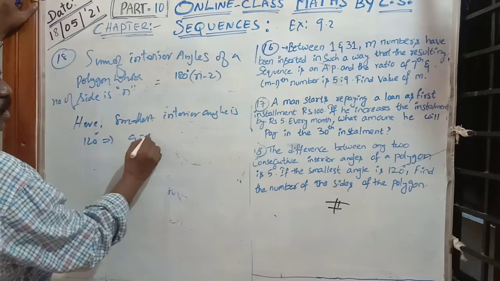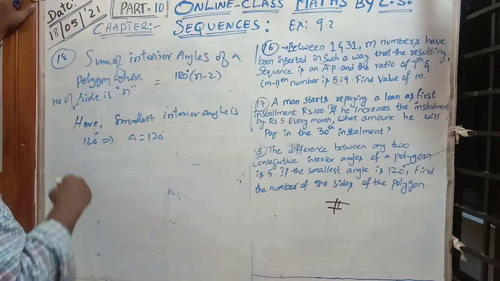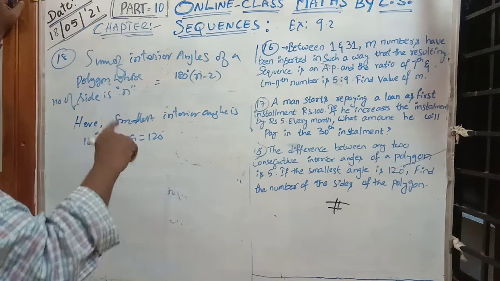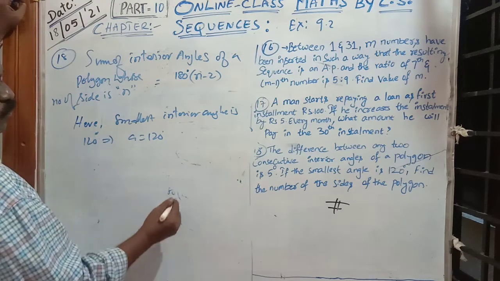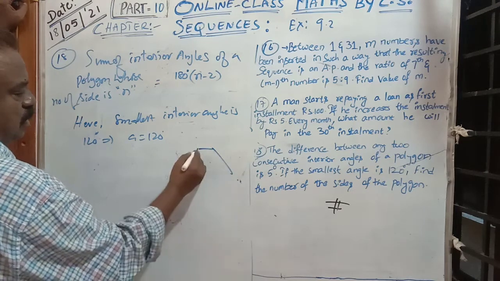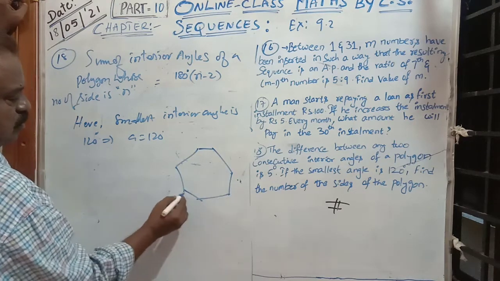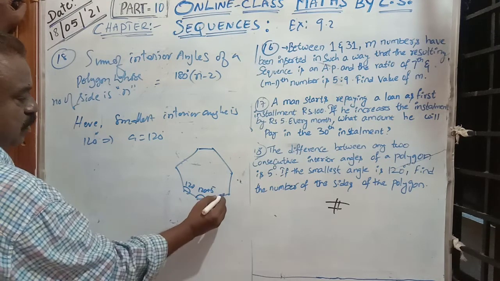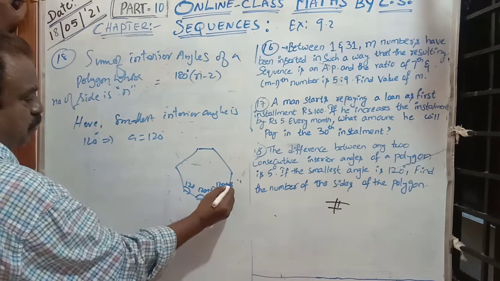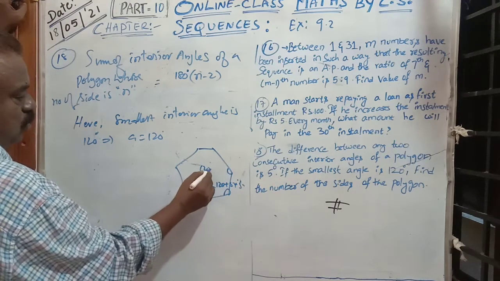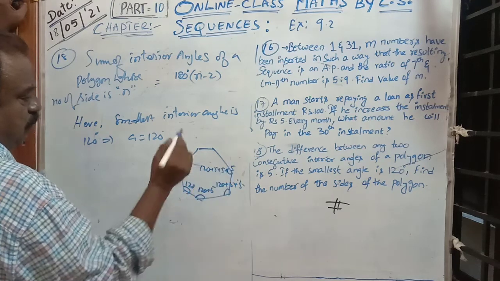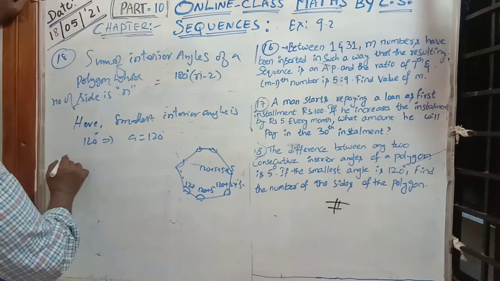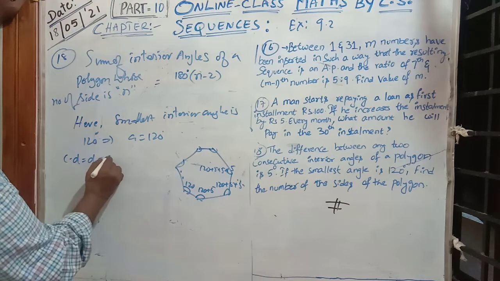That means A is equal to 120 degrees. And the next one, the difference between every successive or consecutive angle. It is 120, next one is 120 plus 5, next one 120 plus 5 plus 5, then 120 plus 5 plus 5 plus 5, like that it is going on. Common difference D is equal to 5 degrees.